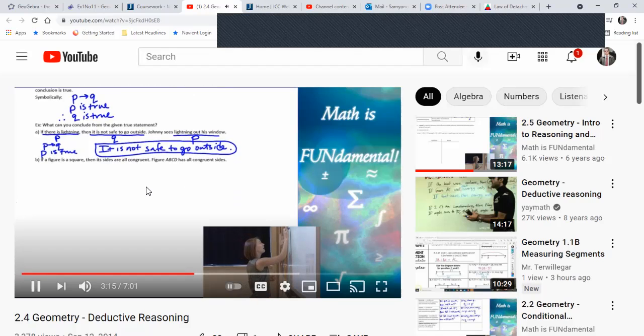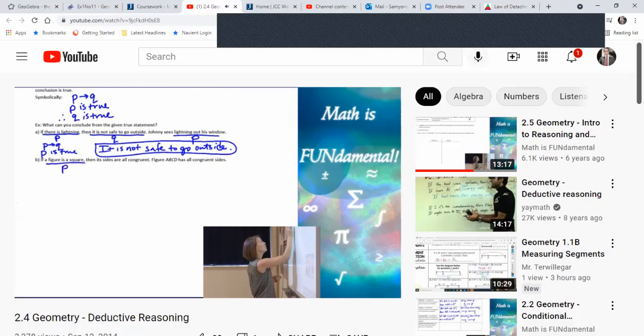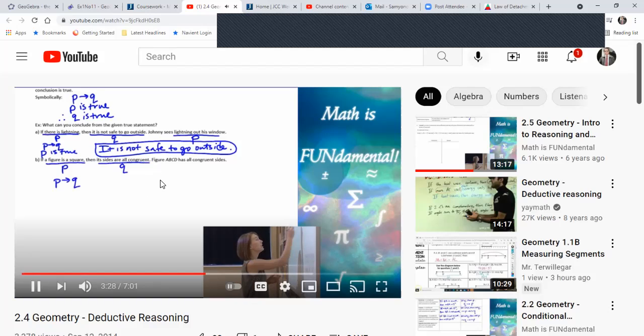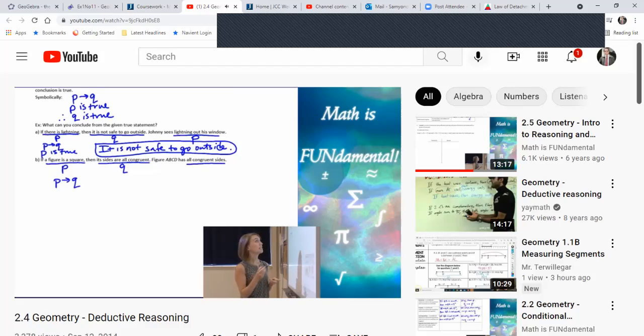Here, my hypothesis is that the figure has to be a square. My conclusion is that its sides are all congruent. So here I have if P then Q, and then the additional piece of information says it has all congruent sides. That piece of information actually matches Q. It's saying that Q is true.